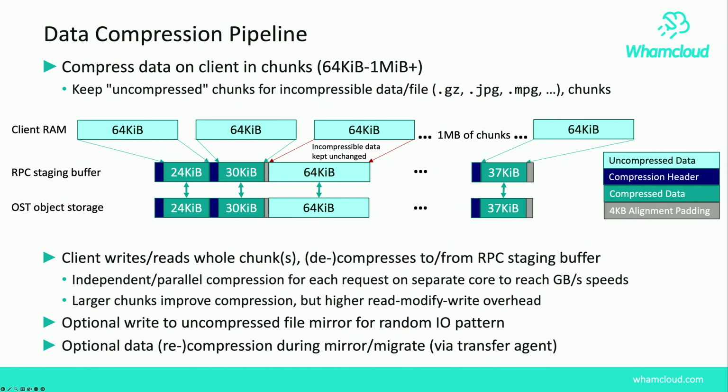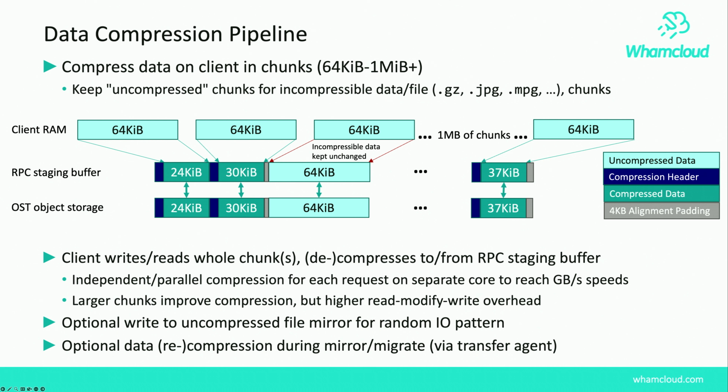Okay, part of the compression pipeline is, as I said, all within the client itself. So we reserve a compression pool memory for this client to perform this work. We then construct a specific RPC, which has a compression header, the compressed data itself, and then some alignment padding at the end of that.